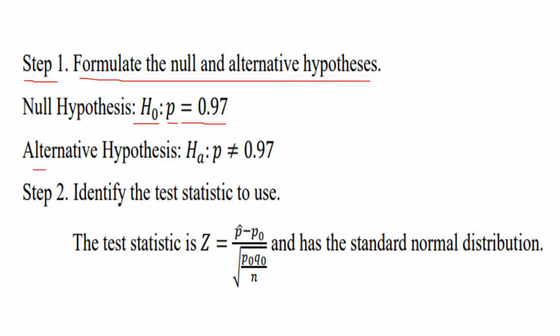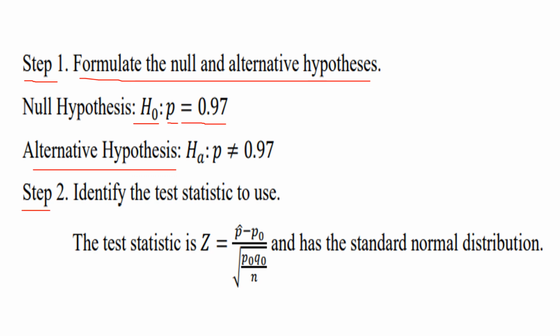Your alternative hypothesis is P is not equal to 0.97, because in your problem there is no keyword mentioned that will give you a second thought that we need to consider a left-tailed or a right-tailed test. There is no mention of greater than or less than, meaning we assume that P is not equal to 0.97.